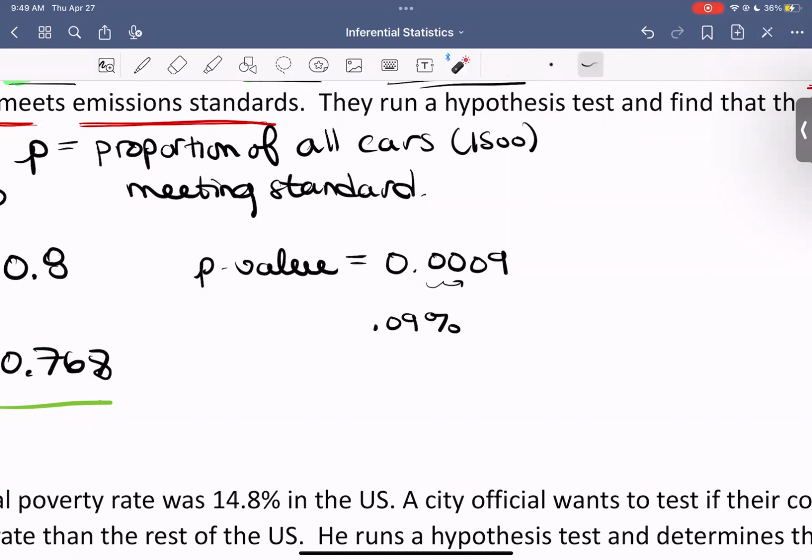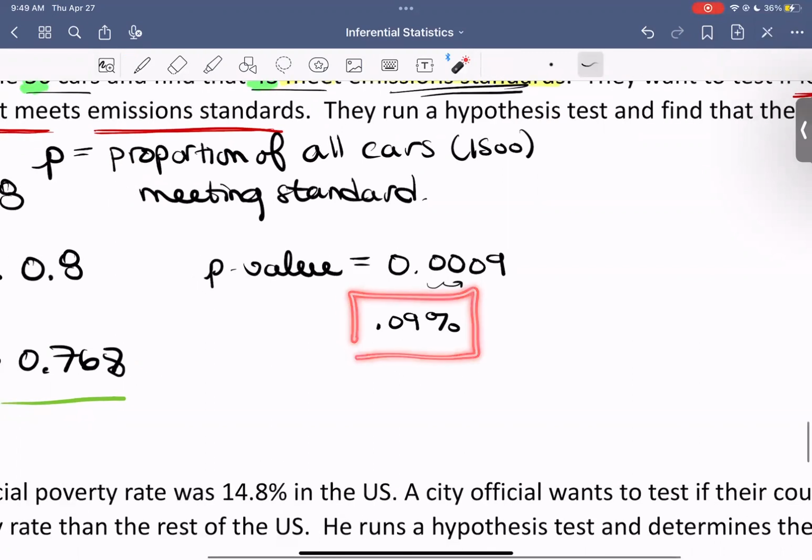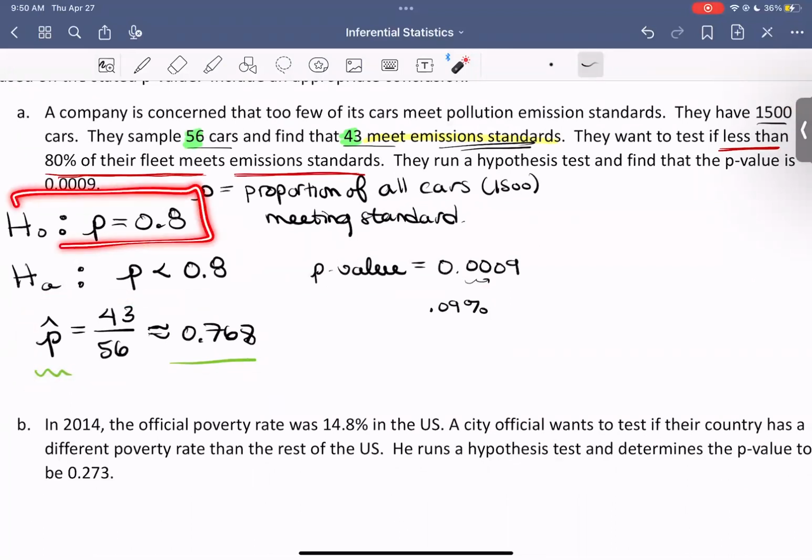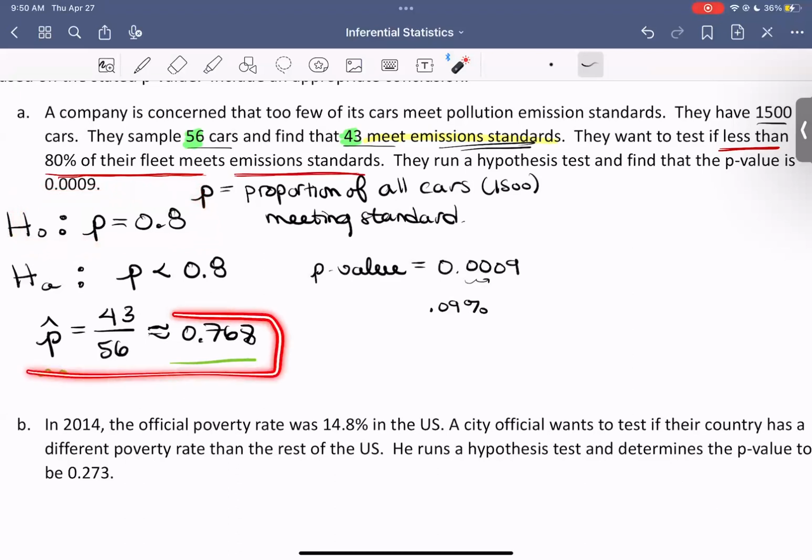So that's the probability that we would get this sample proportion if, indeed, 80% of the cars met emission standards. That's a very small probability. So it's very unlikely that we would get this sample proportion if this was true, if the population actually had 80% of its cars reaching the emission standard.